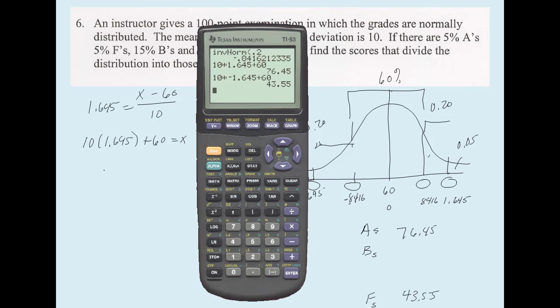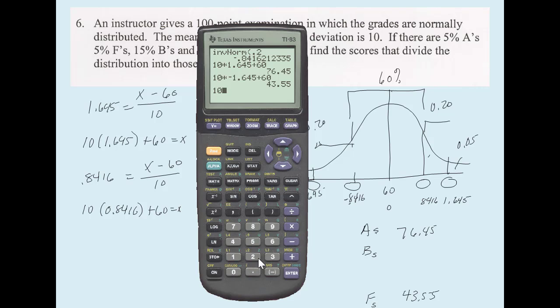All right, so I got 0.8416 is equal to x minus 60, all over 10. So 10 times 0.8416 plus 60 is equal to x.